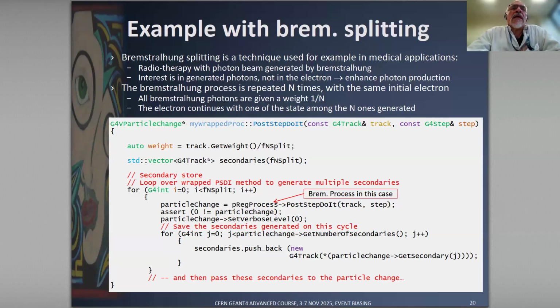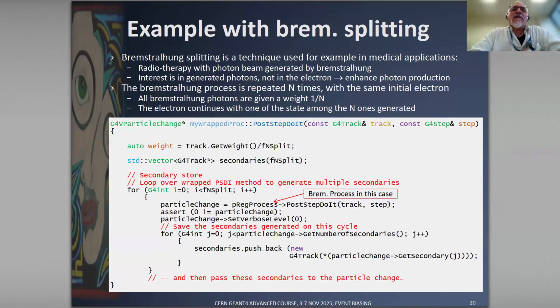And what you do is that you store in this secondaries vector, with this push back, each of the Bremsstrahlung gammas, so that you fill this vector with this same sampled state, which is a final state, sampled many times to generate hundreds of collisions at one time.